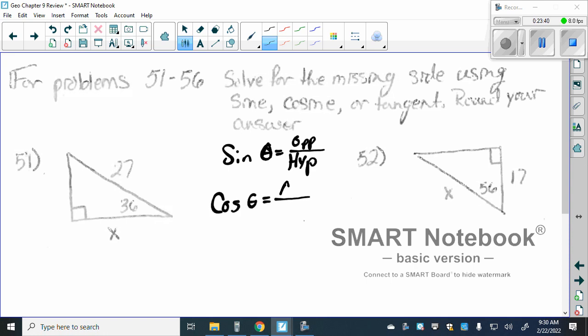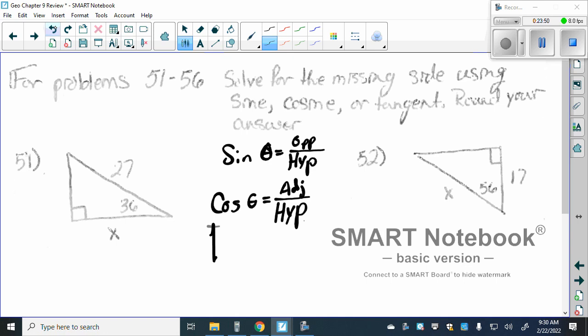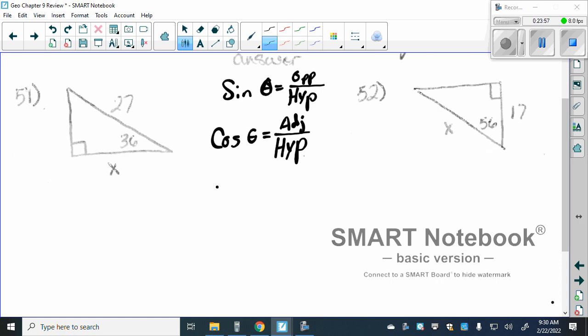Cosine of an angle is adjacent over the hypotenuse, and tangent is opposite over the adjacent. So it'd be good to have these down, especially for this, because we need sine, cosine, and tangent to find these side lengths.